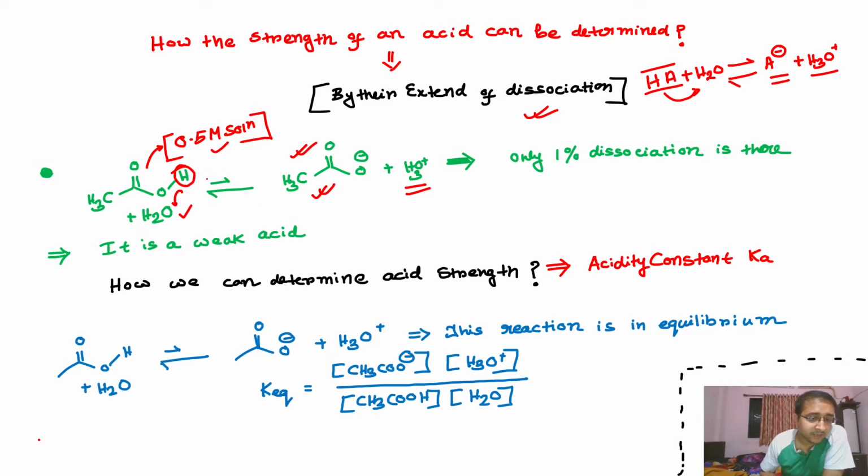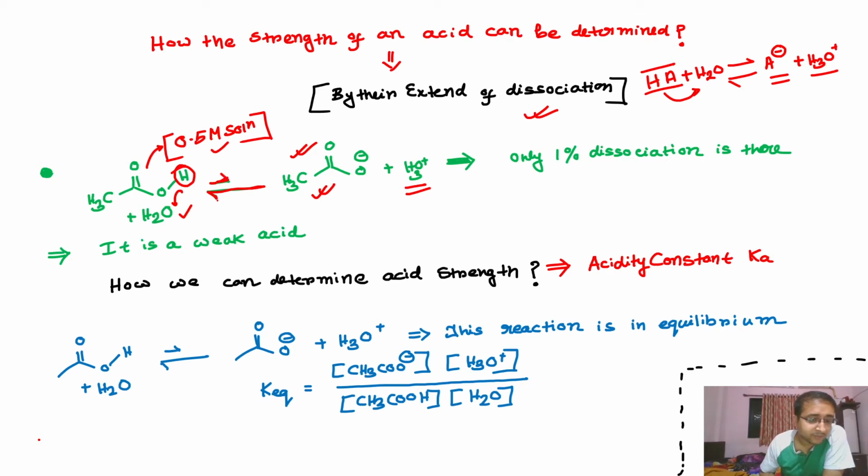That's why I have shown this equilibrium in this way: most of the reaction will occur in this direction. The equilibrium is much more in this direction rather than in that direction, so the length of this line is greater than that line.